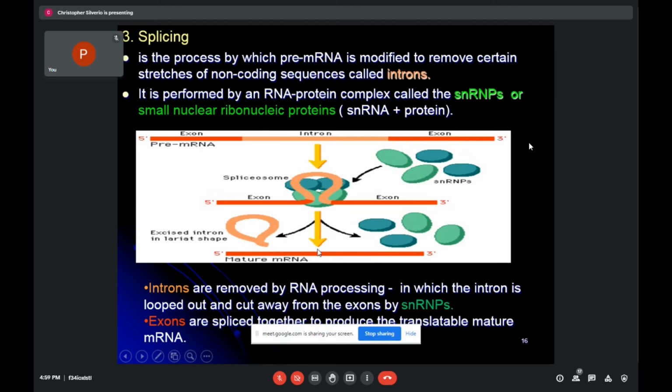And what do you think is responsible for joining the nick or the gap? There will be a gap here. What is responsible for joining the nick, for repairing the gap? Anybody?